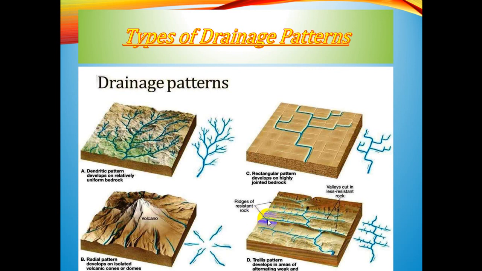The resistant rocks are the ones which cannot be eroded, but the valleys can be cut in the soft rocks, and there the small tributaries join the main stream. This is termed as trellis pattern.